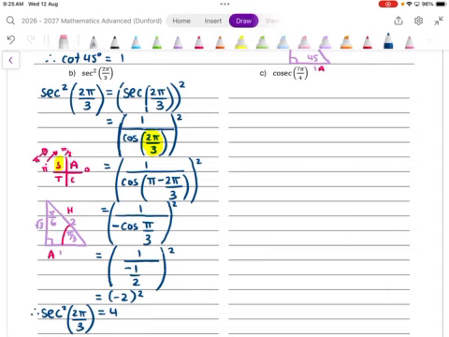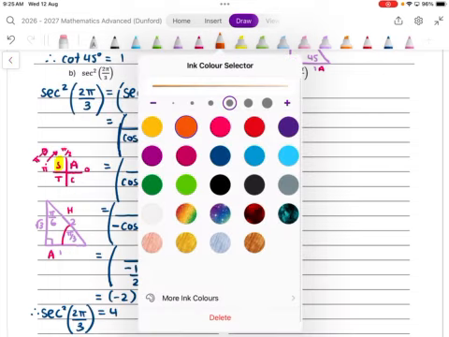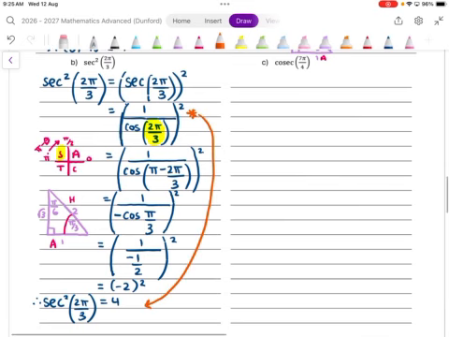If we put this line here into our calculator, we will get our answer. Try it. Yep. But we need to understand what's going on, right? We can't just go la la la la. Okay?